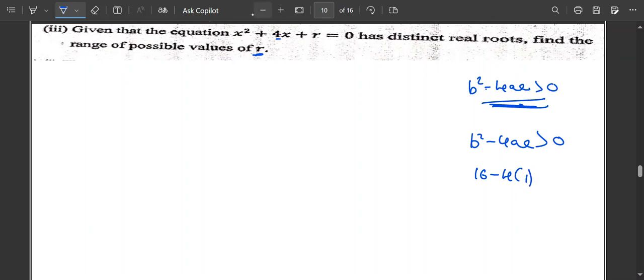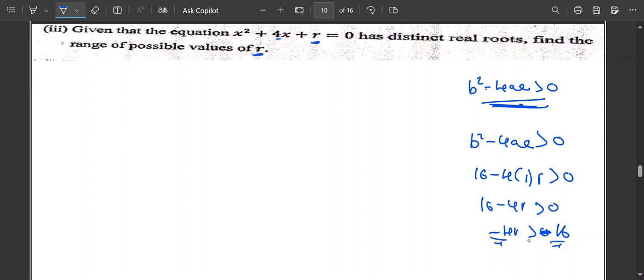Then our c is R. They are saying find the possible values of R. So we have 16 minus 4R greater than 0. So that will go there, and it will be negative 4R greater than negative 16. So we divide throughout by negative.